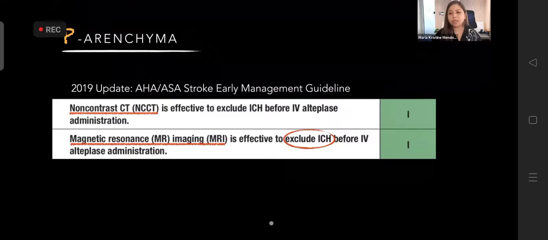So just like CT scan, MRI is also deemed effective in excluding ICH or intracranial hemorrhage before IV alteplase administration.